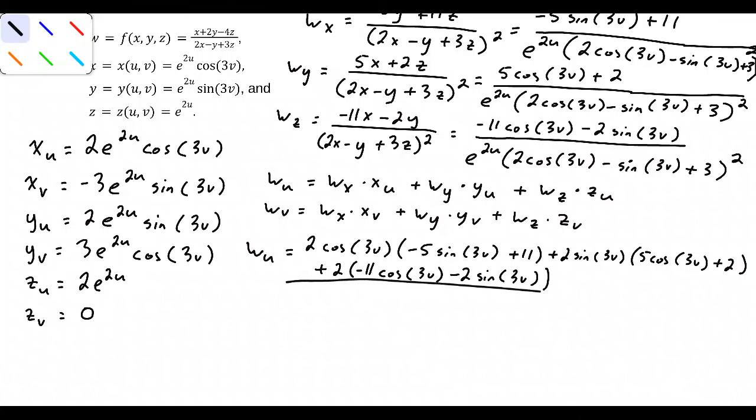That is our numerator over our common denominator of (2 cos(3v) - sin(3v) + 3) squared. Now, if you are to consider those terms, we have many terms that cancel out. In fact, all of this, so that wu is going to be equal to 0.